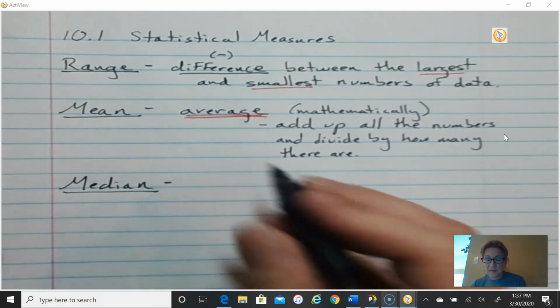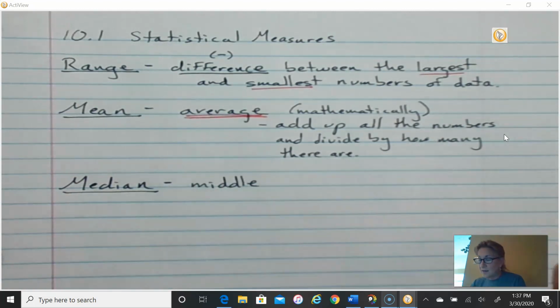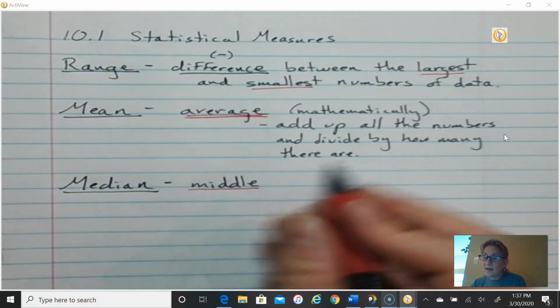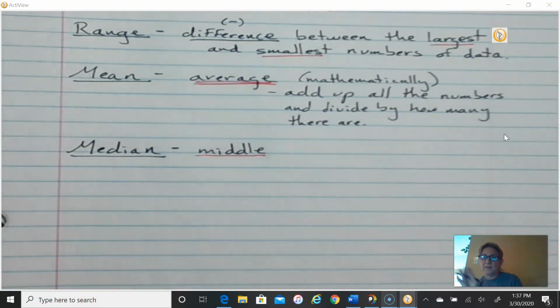All right, median's interesting. It's the middle. That's what it is. You can think of median in the road. A lot of times you have one lane going one direction, another going totally opposite direction, and you have like a grassy area sometimes in the middle. That's the median.